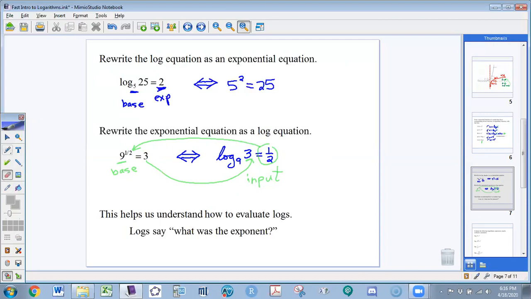And if we use that idea, then we can evaluate logarithmic expressions. So what was the exponent? What was the exponent I put on the base 9 in order to get 3? Oh, 9 to the 1/2, meaning the square root of 9, is what gives me a 3.